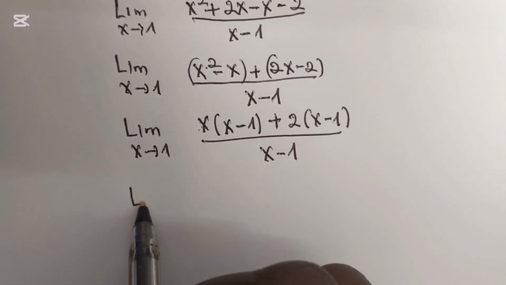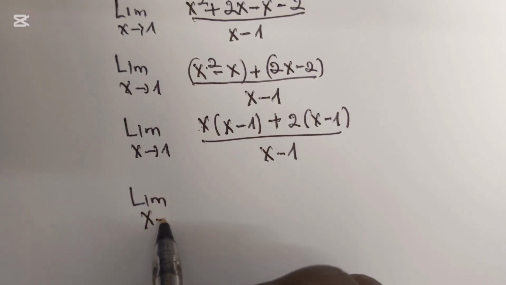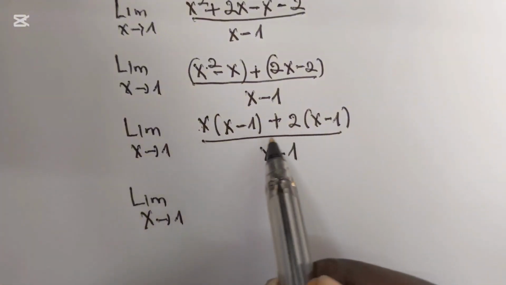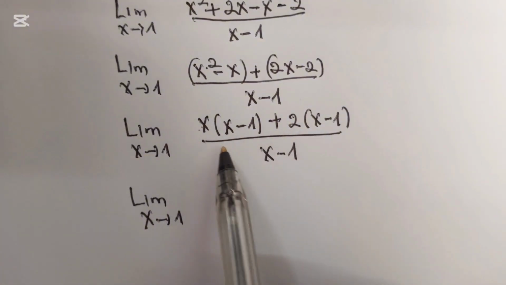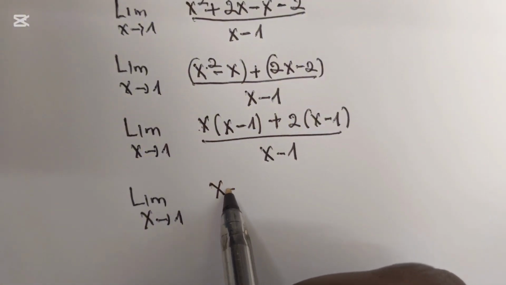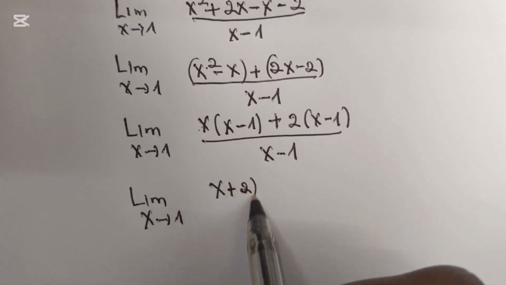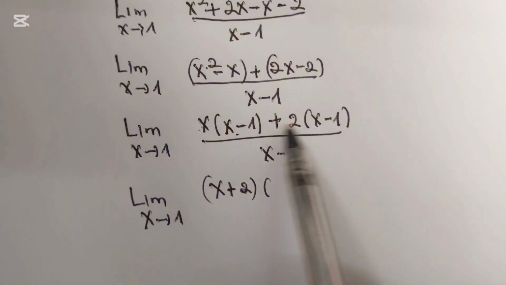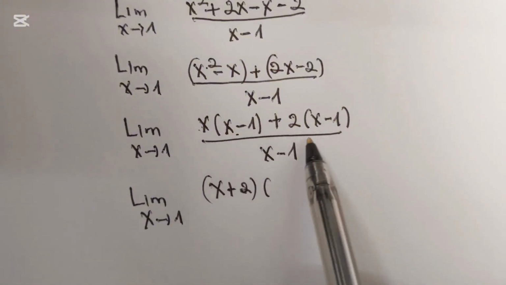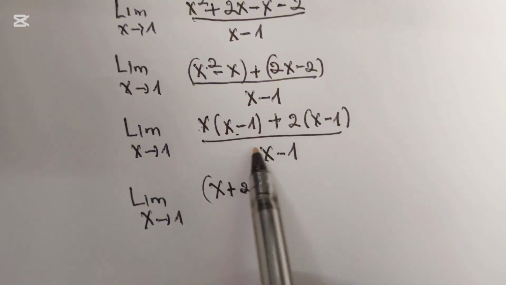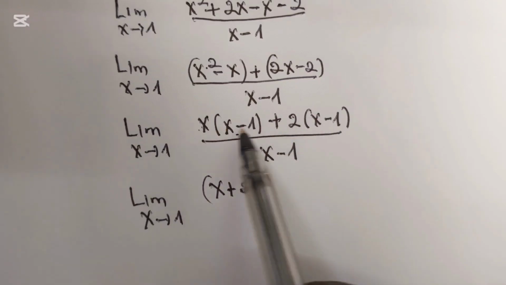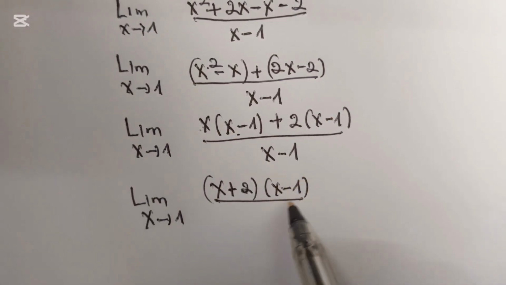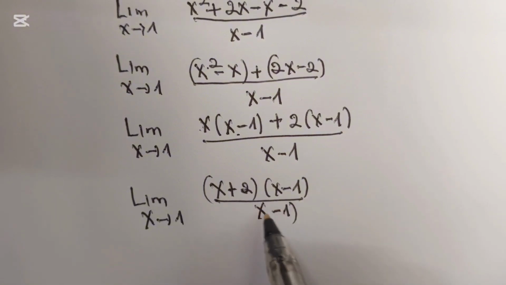This will be equal to the limit as x approaches 1. We put the terms which are outside the brackets together, x plus 2, and if we have two similar functions in brackets, we have x minus 1 over x minus 1.